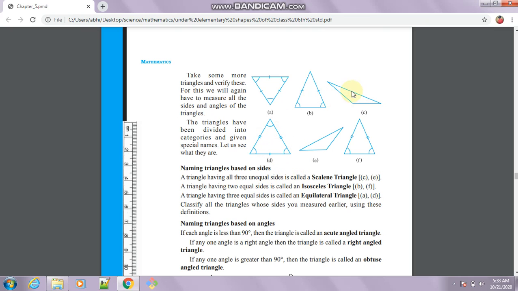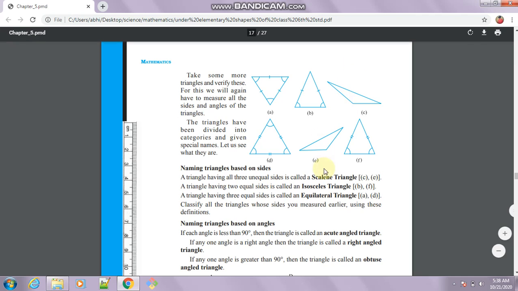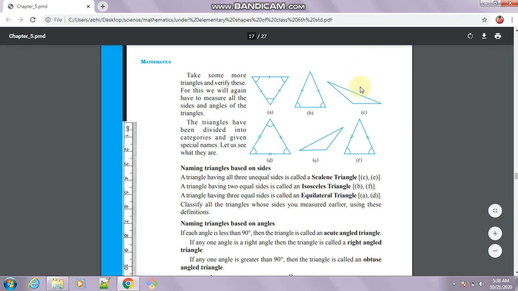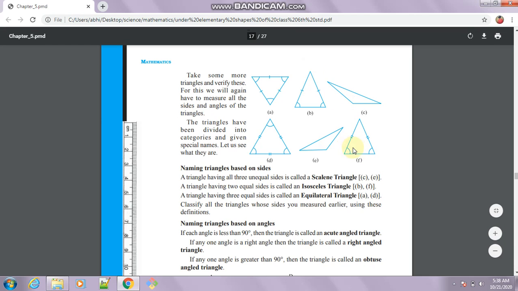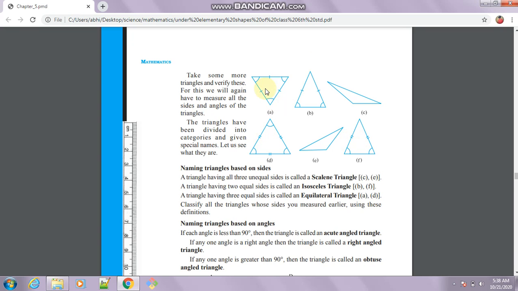See here, students, in scalene triangle all the sides are unequal, in the isosceles only two sides are equal, and in the equilateral all three sides are equal.